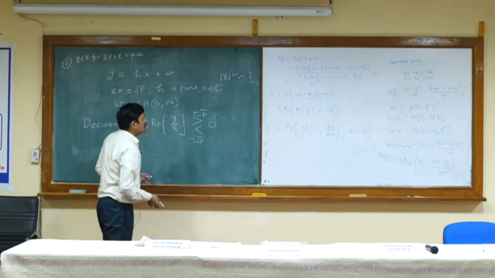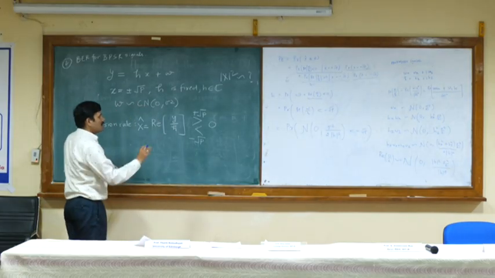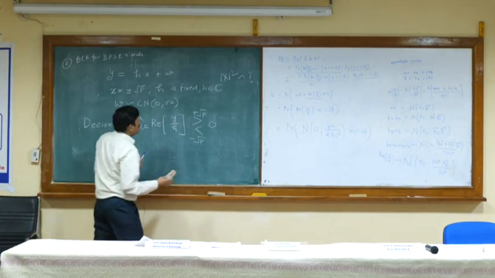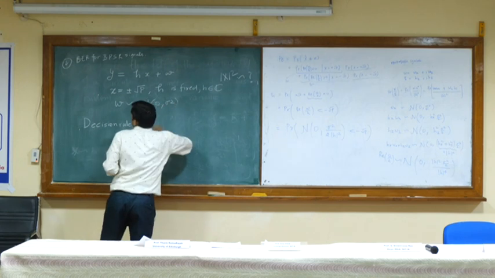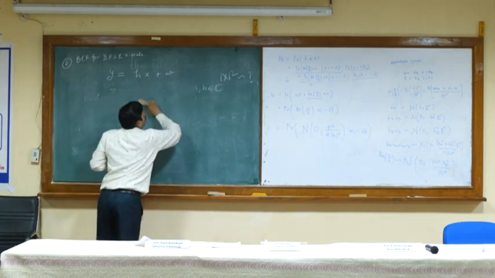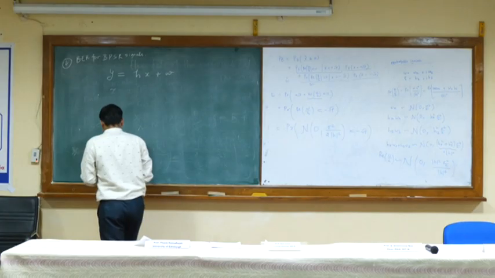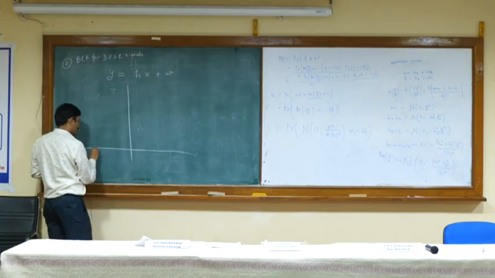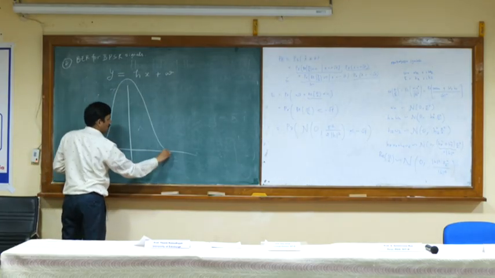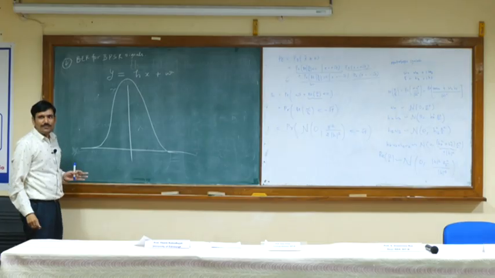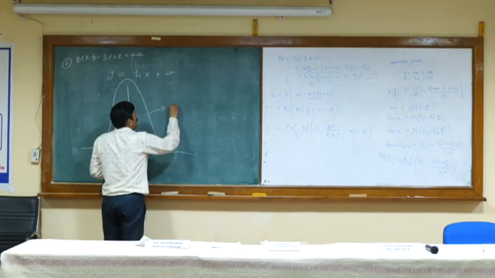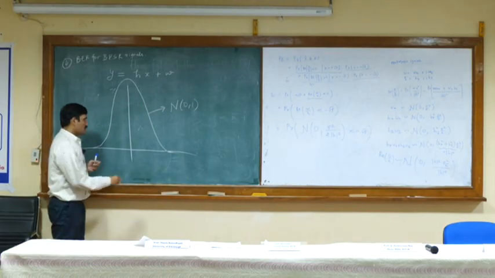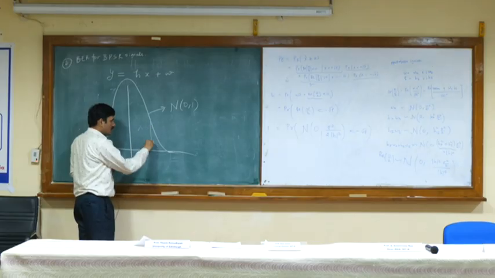The Q function is the function to calculate values on the normal distribution. Let me explain a little bit. This is the normal distribution, right? This is N(0, 1). Let's say this is alpha.